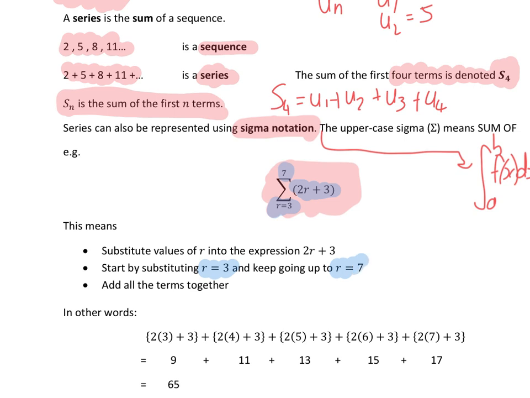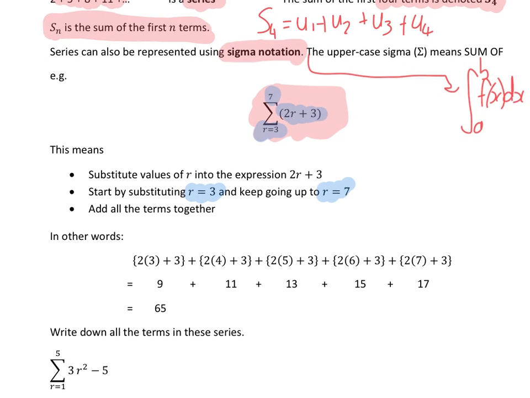I'm going to go all the way up to the top number, so I'm going to sub in 3, 4, 5, 6, 7, and I'm going to add all those terms together. So in other words, to get the first term, I would sub in 3. To get the second term, I would sub in r is 4, sub in r is 5, sub in r is 6, sub in r is 7, work those numbers out, then add them together and I'll get 65.